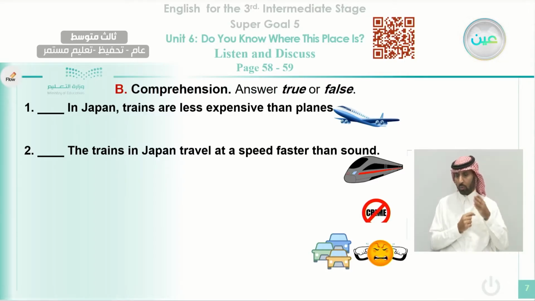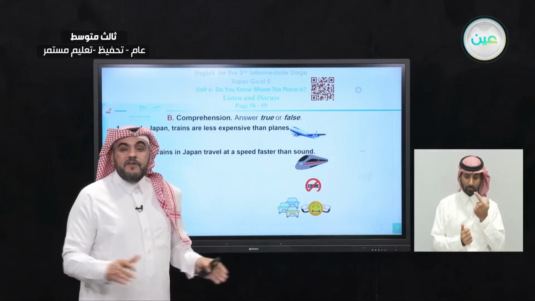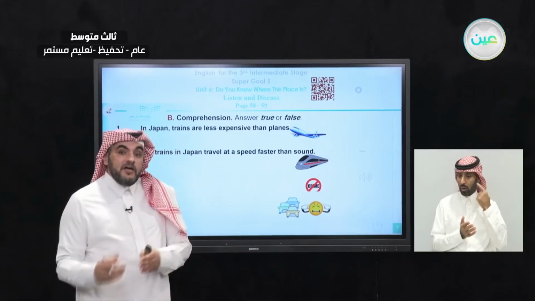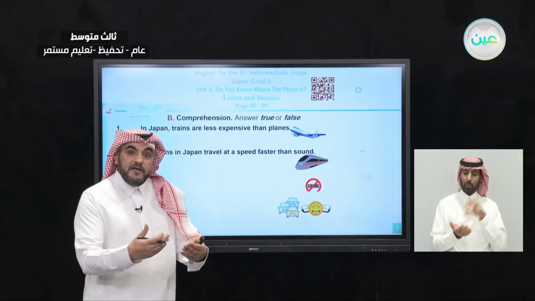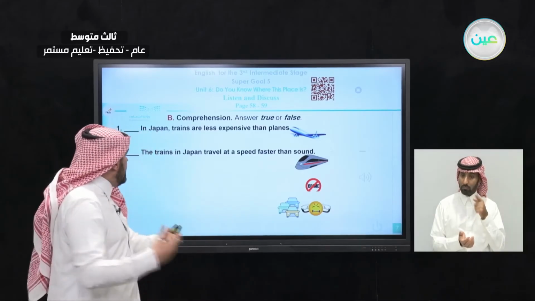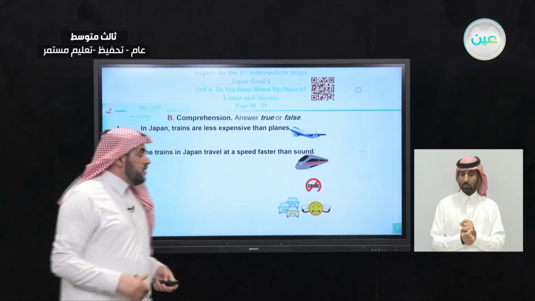If trains can travel faster than sound, that means it is very fast. You know the sound that I'm talking, it reaches the other party at a particular speed. But do you think that trains can travel faster than the sound? This is what you're going to find out.